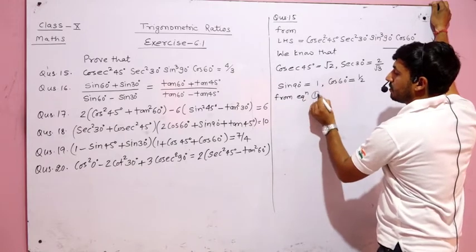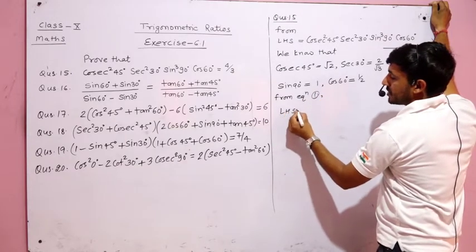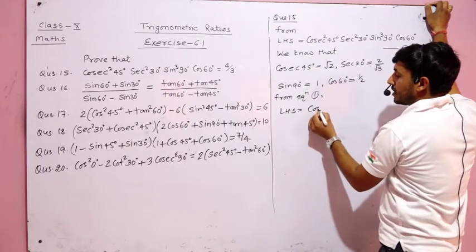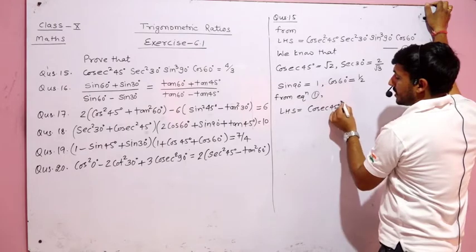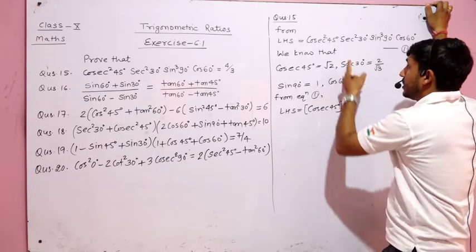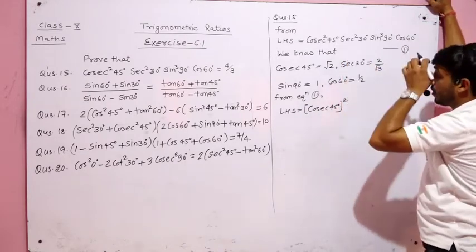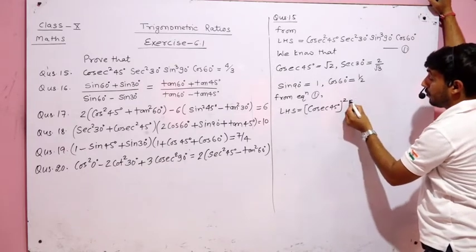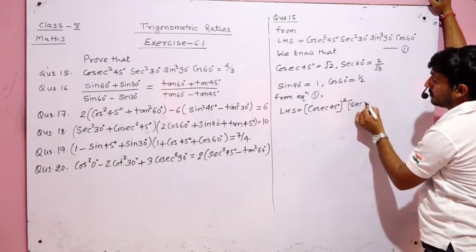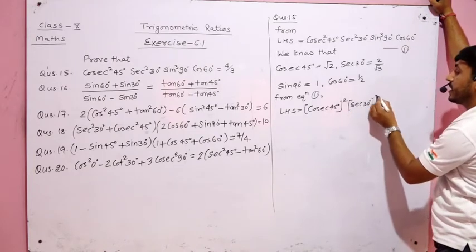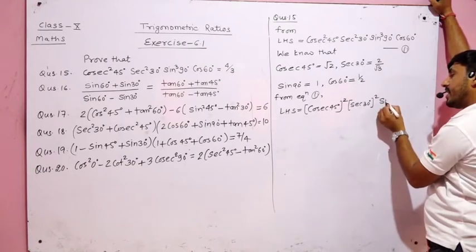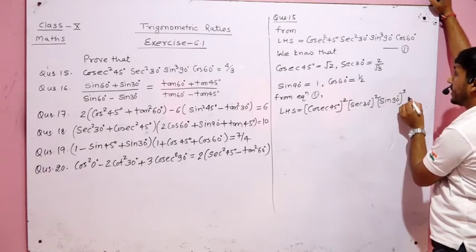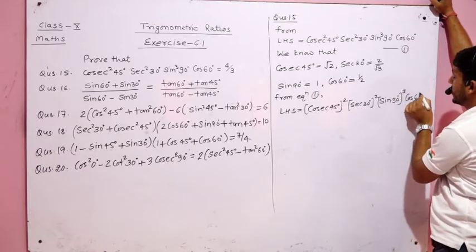From equation 1, we have LHS equal to, we can write cosec square 45 degree as the square of cosec 45 degree. Again we can write sec square 30 degree as the square of sec 30 degree. Here we can write the cube of sin 90 degree, and the remaining function cos 60 degree.